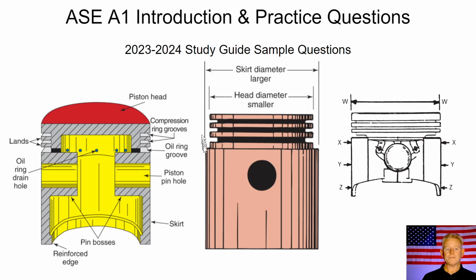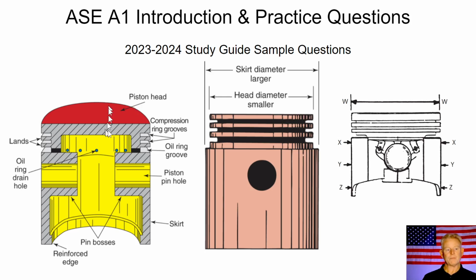Look at this line. It is actually the largest part of the piston. Okay, the head, or if you're old school, we were taught the crown, but the piston head or crown, the top of the piston, the head is actually smaller. Okay, so keep that in mind.